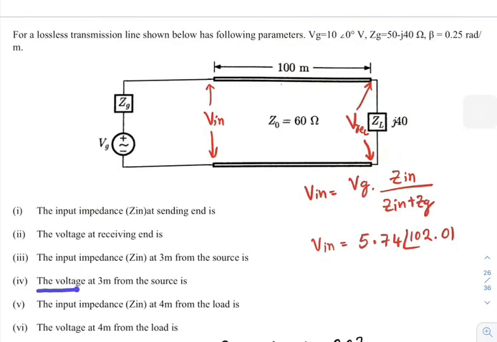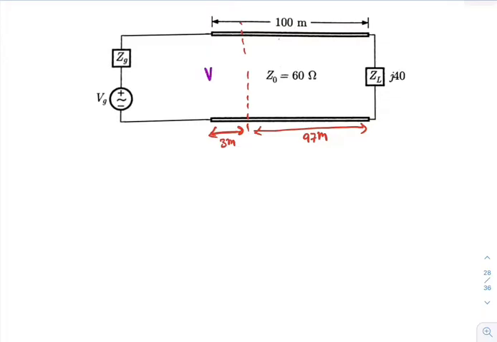The fourth question is to find voltage at 3 meters from the source. We already found the value of input voltage, which is at the sending end, and the input voltage is equal to 5.74 angle 102.01 volts.